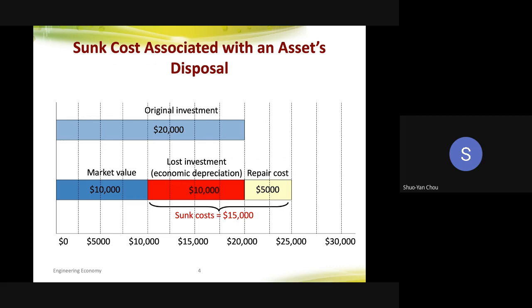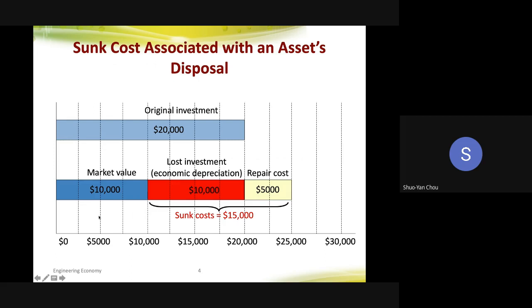So here is one example. You may have the original investment: you bought the machine for $20,000. That is your original investment. And here we are not really looking at the time value of money. We're just talking about this value and the market value at the time.